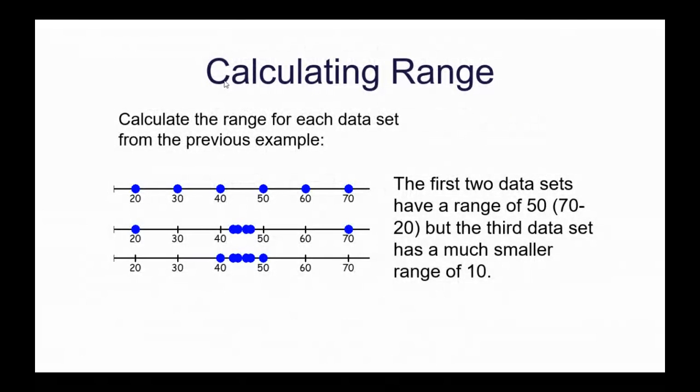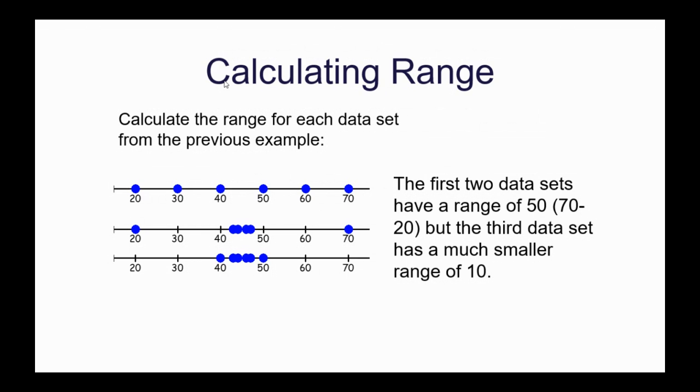So range is okay, but let's think of it this way, how many data points does range use? How many points do we need to find the range? We just need 2. Do 2 points give you a good representation of the data?